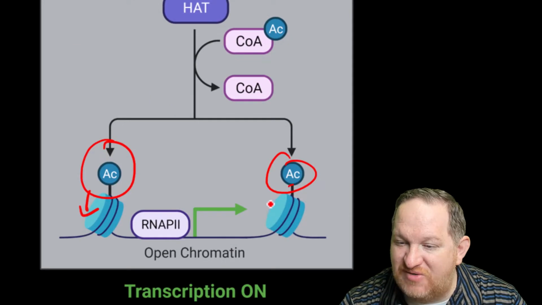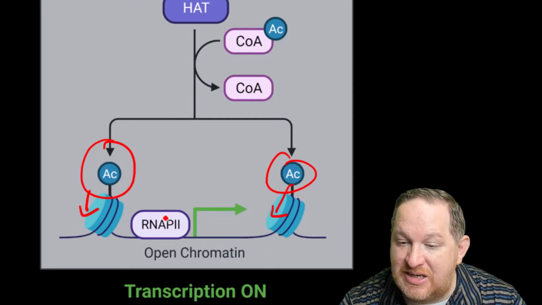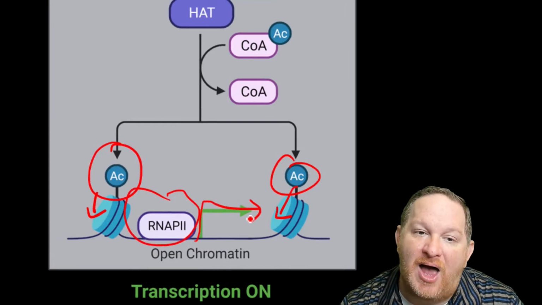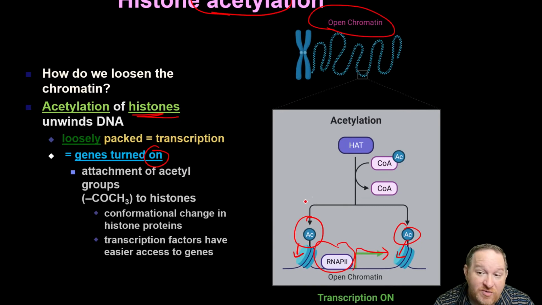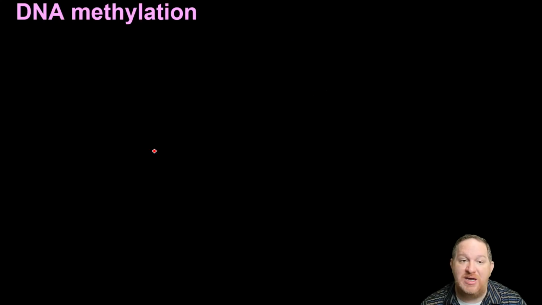So the acetyl groups have attached to these histone proteins. That opens up this chromatin so that RNA polymerase can actually come and transcribe the gene. So what do these acetyl groups do? Acetyl groups attach to the histones, loosen up the packed DNA, and then essentially turn the genes on by allowing transcription to occur. So whether or not your DNA is acetylated in some points will determine whether or not that gene will be expressed.